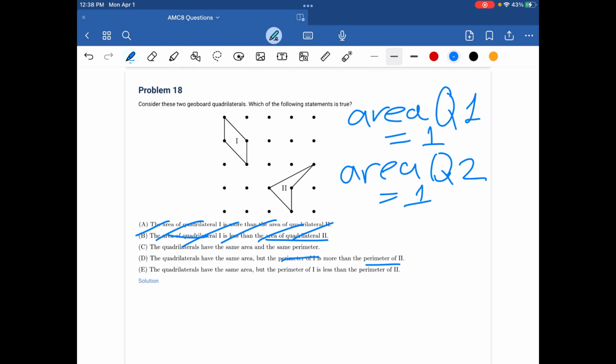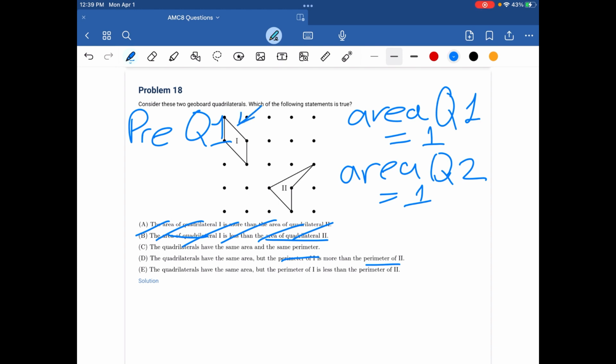Next, we have to find the perimeter. So let me just write perimeter. I'll just call it per. And then Q1. So to find the perimeter, we have to use the Pythagorean theorem to find the lengths of these slants.